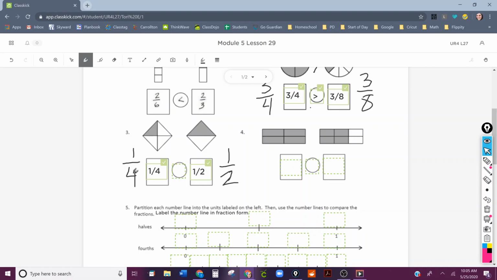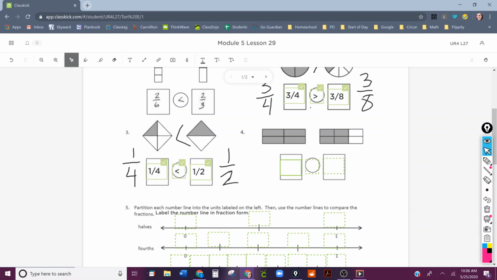Well, if the 4 is bigger, that means that the fraction is the opposite, which is smaller. So we know that 1/4 is going to be the smaller fraction. It's going to be less than. So we're going to put a less than symbol there. The alligator mouth still faces the bigger fraction, which is the 1/2.